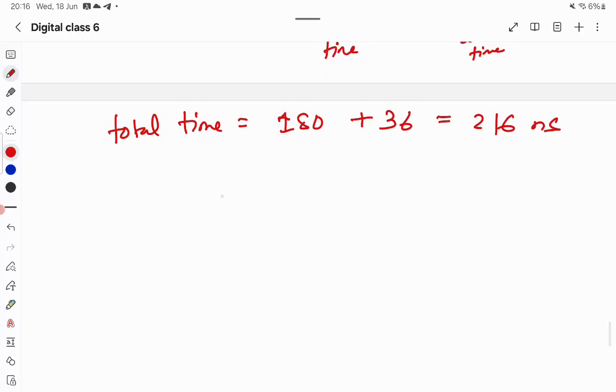As you know, 1 nanosecond is 10 to the power minus 9 seconds, right?